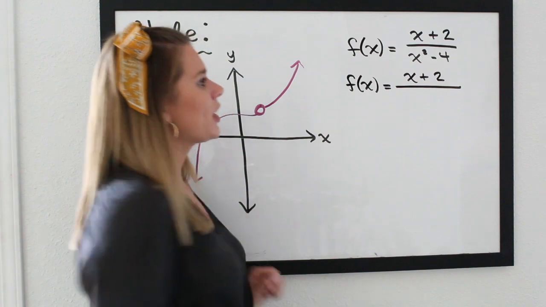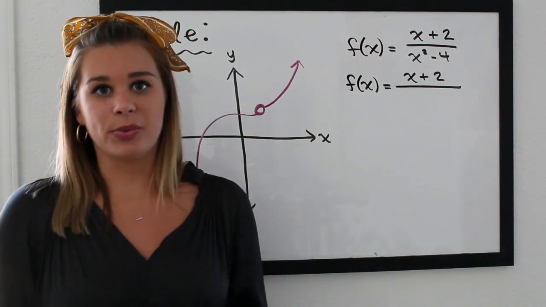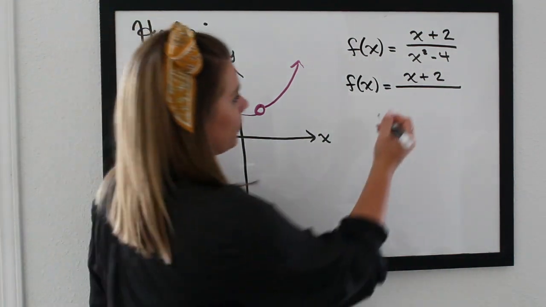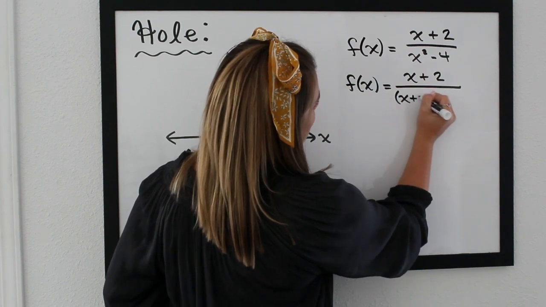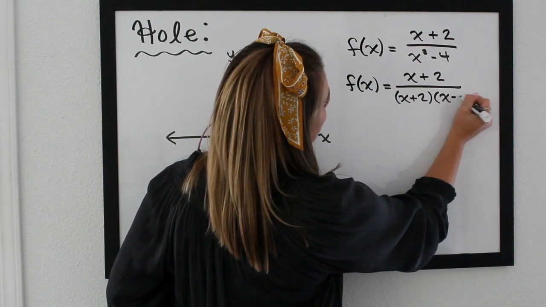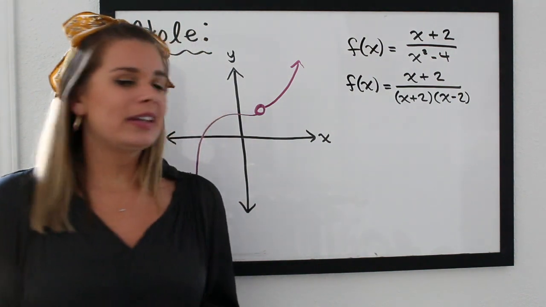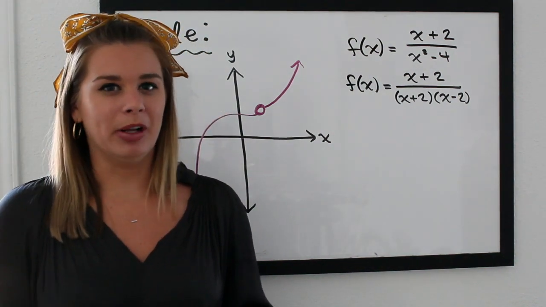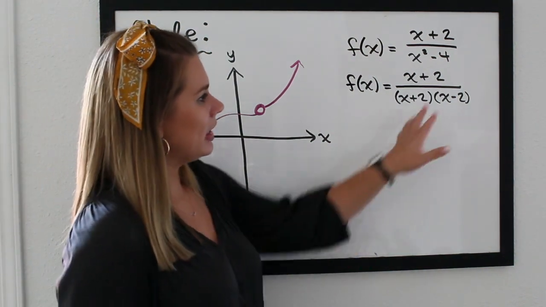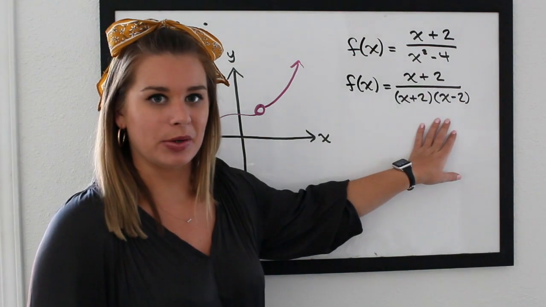X squared minus 4 is a difference of squares, so it factors to (x plus 2) times (x minus 2).